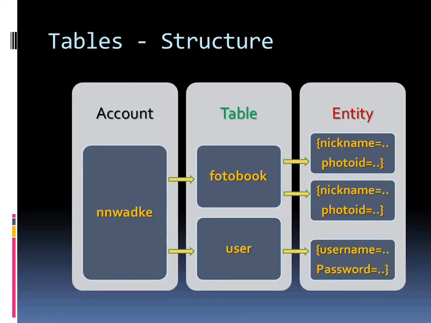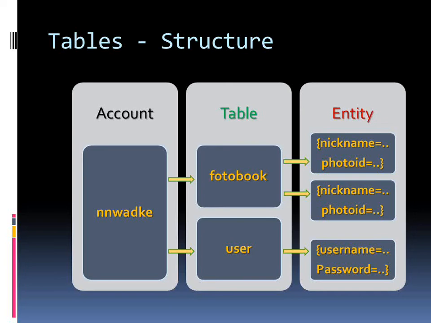Then the next part is the tables. I repeat, these are Azure tables. These are not our relational tables that you see in SQL Server or any other RDBMS. So here you have an account. Under account, you can create tables, and under tables, you will see entities.